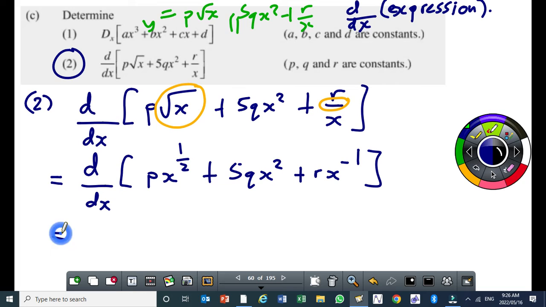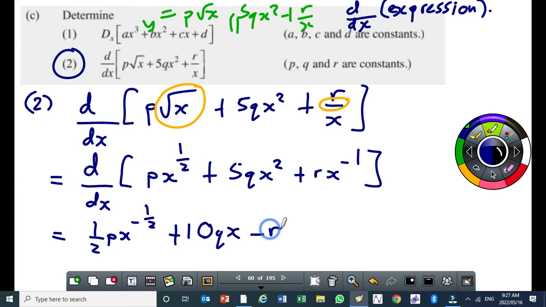Now I can use rules. So this will be a half times p. So I'll get a half px, then I'll subtract 1 there. I'll get minus a half. Then here it will be 2 times 5q. That will be positive 10q x to the power of 1. So I can just write this as qx. Then the third term will be minus 1 times r.